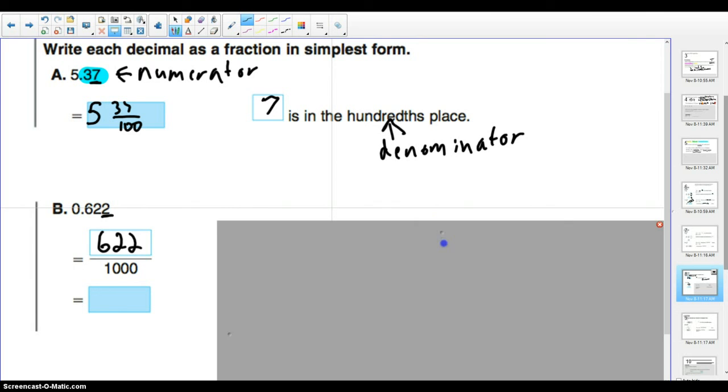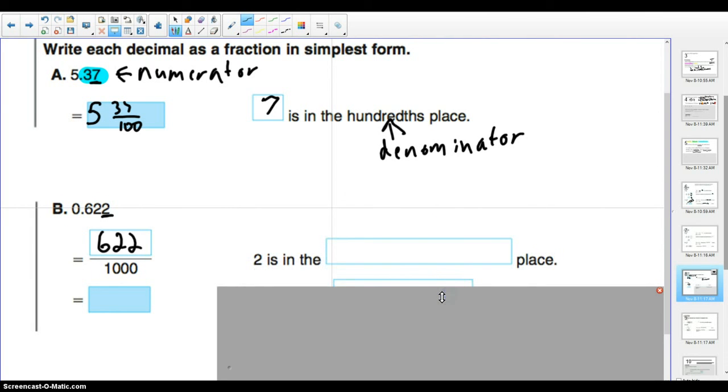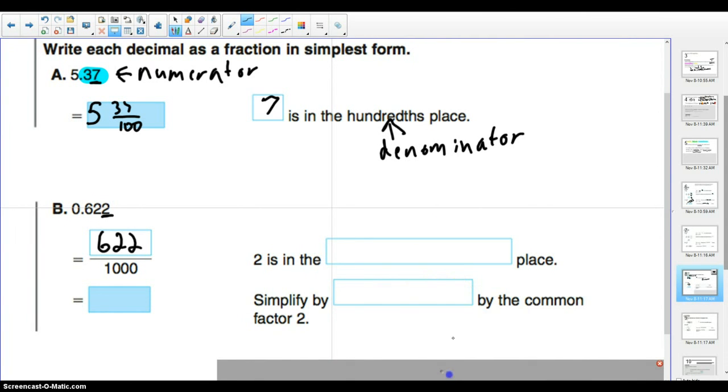So I would just start with dividing by 2. And we would end up with 311 over 500. Those two numbers are going to be relatively prime. So that fraction is going to be our final answer.